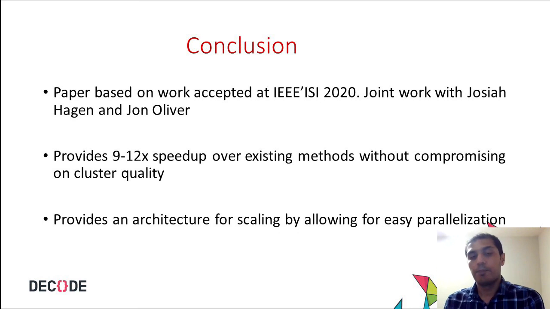It basically provides an architecture for scaling, because it allows for easy parallelization by making use of two-stage and three-stage clustering, where in the second and third stage you can make use of parallelization. Basically, it's the power of parallelization which I exploit.